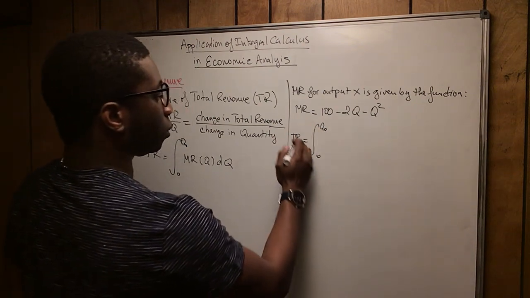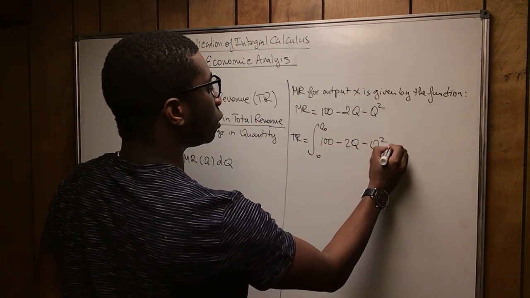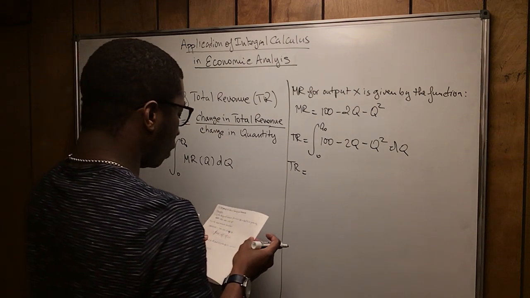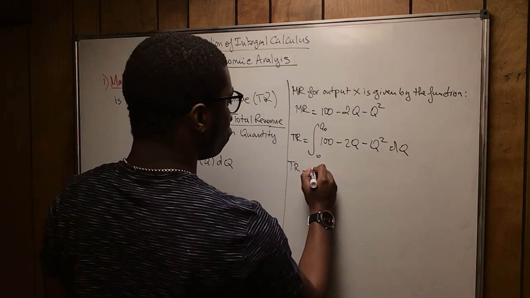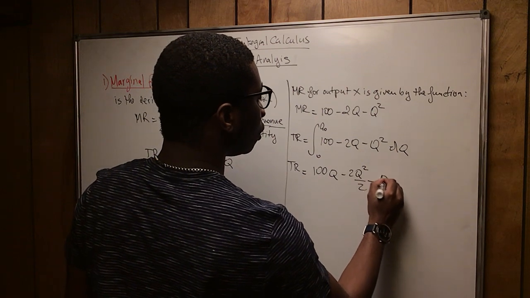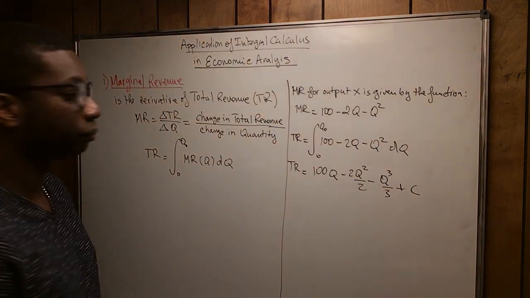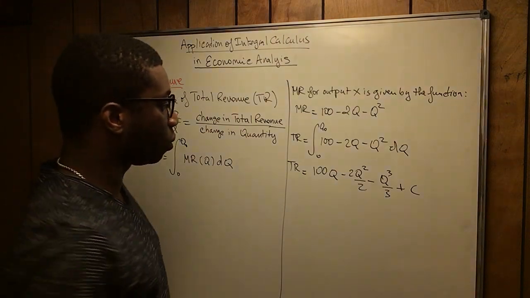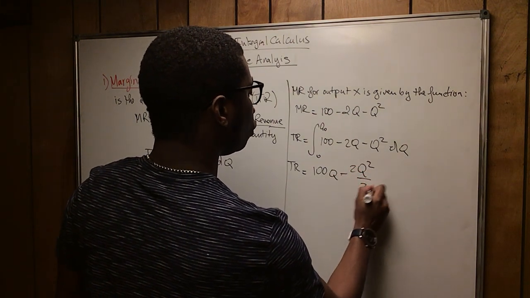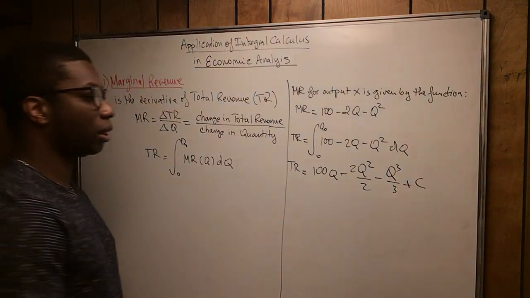So it's the integration from Q0 to Q of 100 minus 2Q minus Q squared dQ. All right, so you're going to put TR equals. Now when you apply, the integration is going to give you 100Q minus 2Q squared over 2 minus Q cubed over 3 plus C. This is the function.